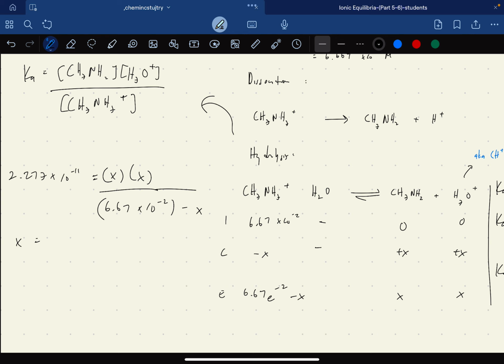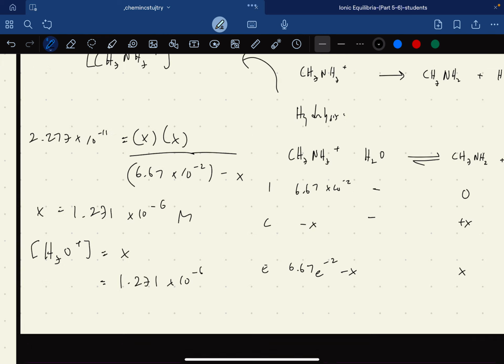Okay, so your answer is 1.231 times 10 to the power of negative 6. That means since we know that our H3O+ equals x, our H+ is 1.23 times 10 to the power of negative 6. This is molarity.